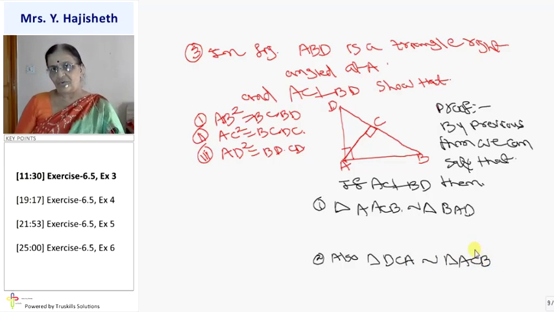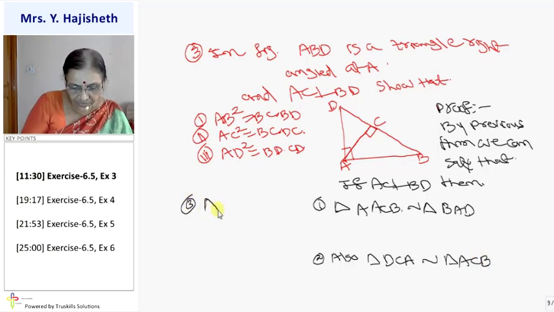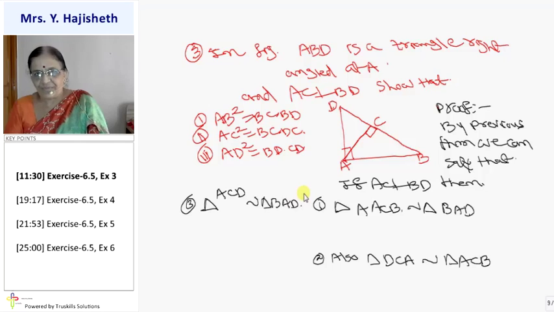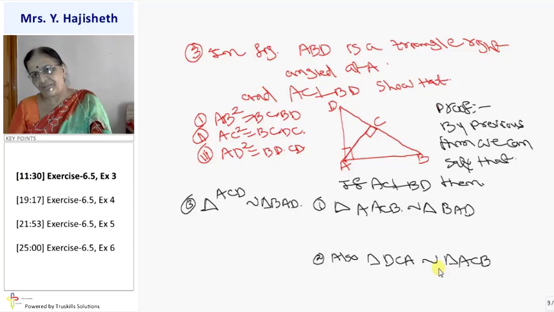Upper triangle is similar to whole, lower triangle is similar to whole, and in case 3, both small triangles, ACD is similar to triangle BAD. Clear? ACD is similar to BAD. Then DCA, ACB. Clear? In the first the lower one is similar to the whole, in the third the upper one is similar to the whole, and in case 2 the upper small triangle is similar to the lower small triangle.